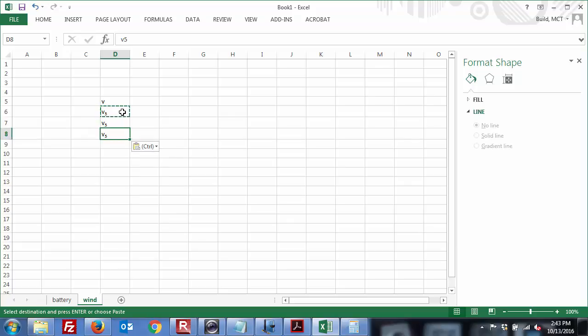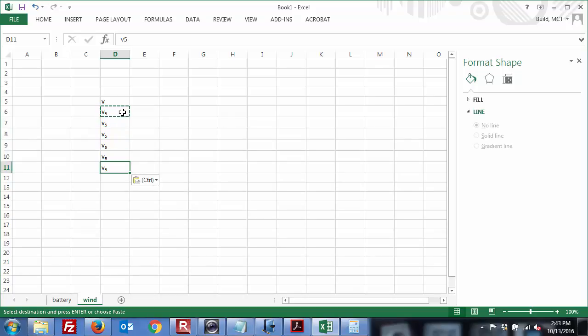10, 15, 20, 25, 30. So come down here, this becomes 10. This becomes 15. This becomes 20.